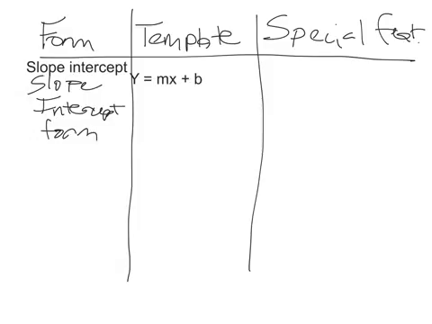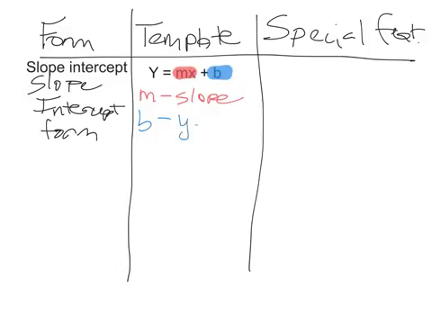Y equals mx plus b. And that's the template. In case you forgot, m, I highlighted the x, I didn't mean to. I just wanted the m. But m is slope, and b, a lot of you are probably saying this, b is the y-intercept.